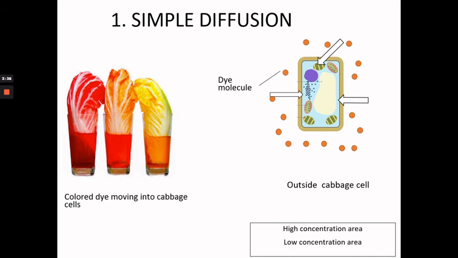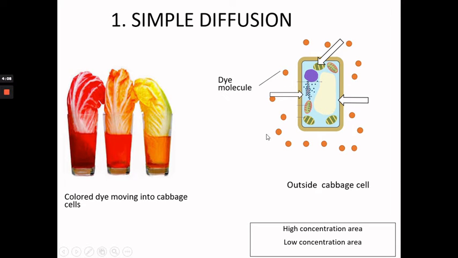So let's take a look at passive transport and active transport, starting with the first example of passive transport, called simple diffusion. In this picture right here is a colorful experiment about a cabbage inside a dye solution. What you can see here is that the dye molecules are moving into the cabbage cells, making them very colorful. If we zoom into the cells of the cabbage, what are we going to see?